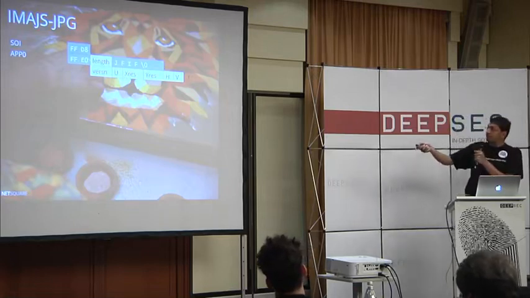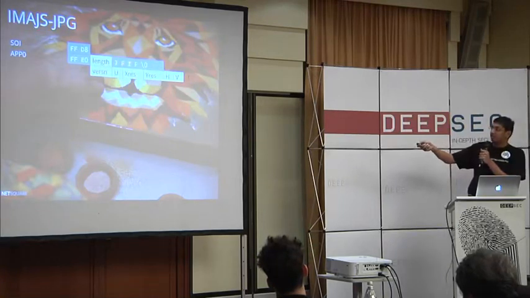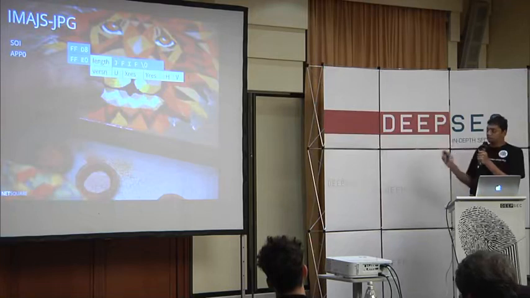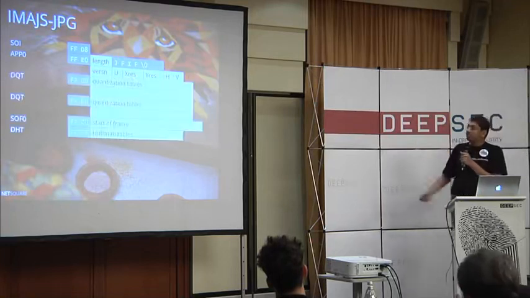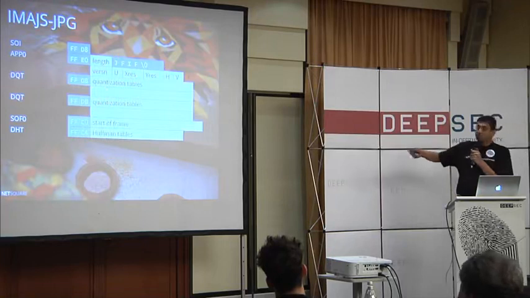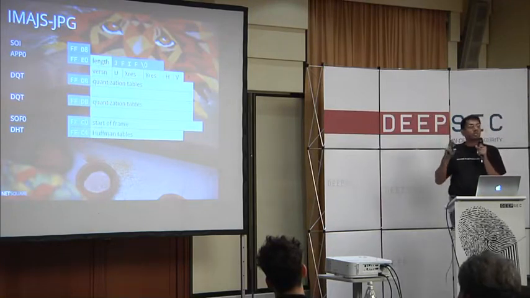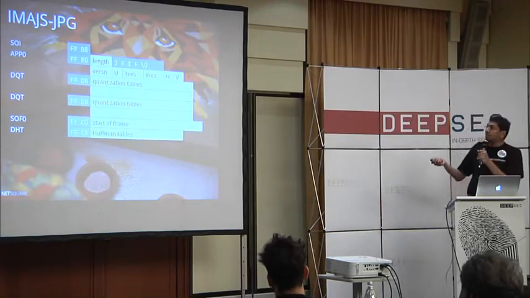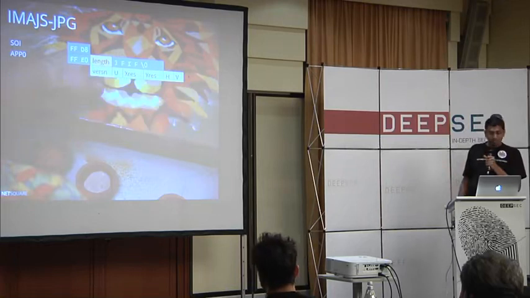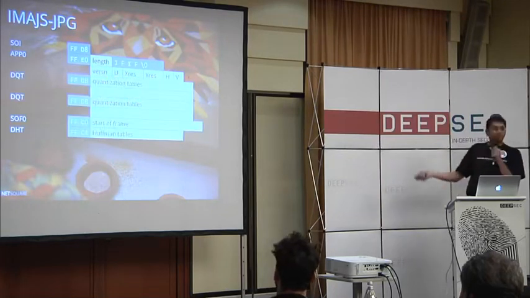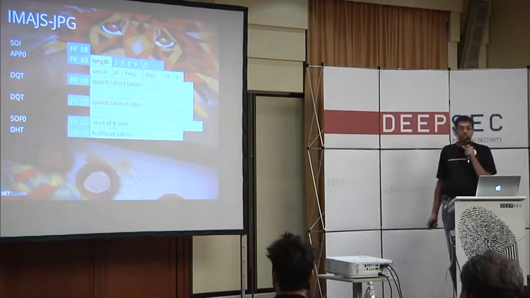That is FFE0, then you have a 2-byte length, then the characters JFIF, null byte, 2-byte version, and so on. Then you have your quantization tables, which are basically your compression and decompression tables. Then you have your start of frame, and then the compressed pixel arrays. This basically is your JPEG structure.